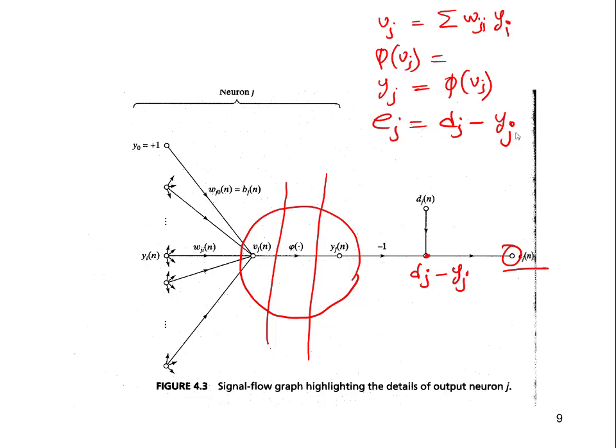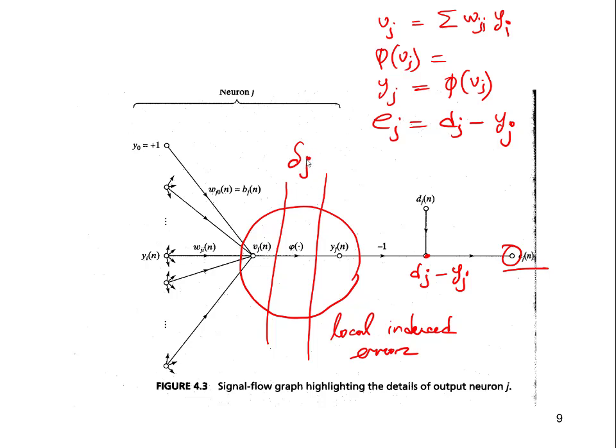So let's dig down. This neuron can have a local induced error. What could be the local induced error? We can denote it in delta j format.